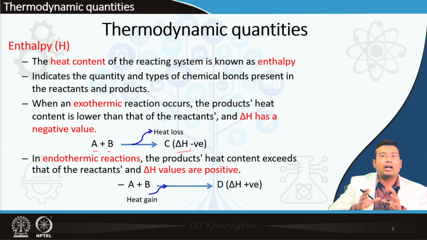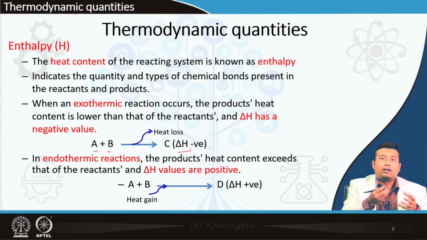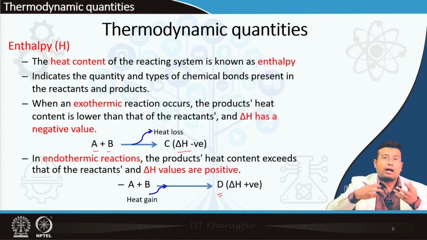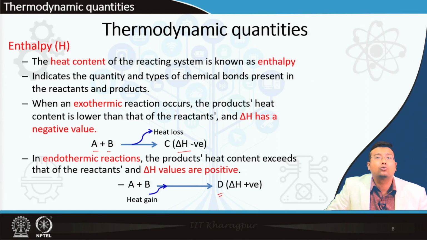The change in delta H is negative, right? On the contrary, in an endothermic reaction, there might be a situation where compound A and compound B are reacting to form compound D, and what is happening? Heat is gained, meaning it is gaining heat from the surroundings, and ultimately the reaction system becomes cool.